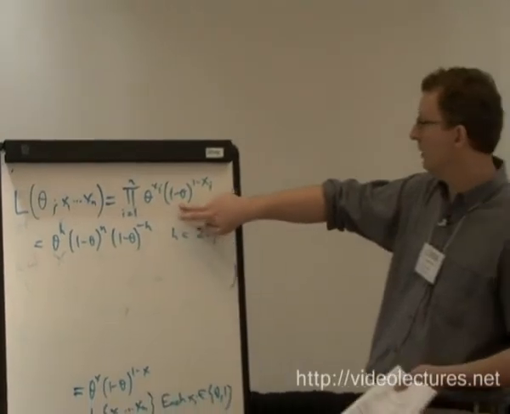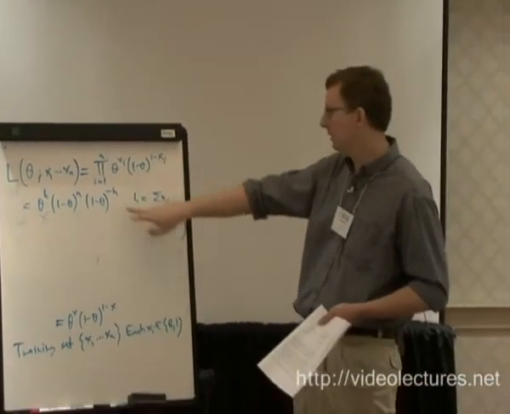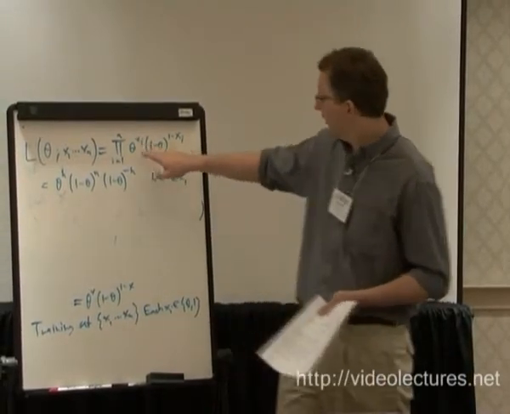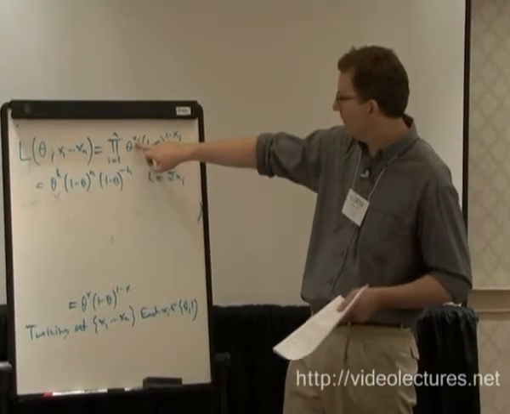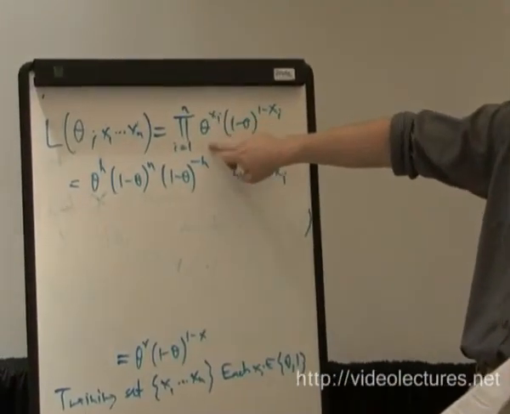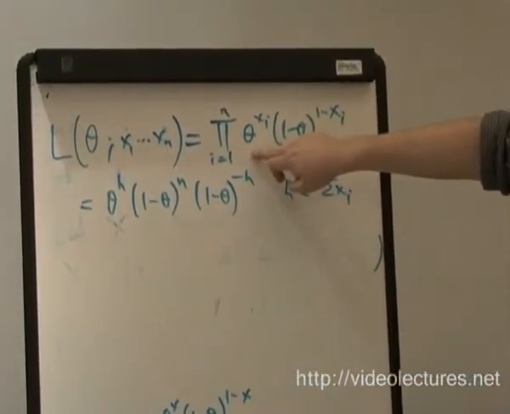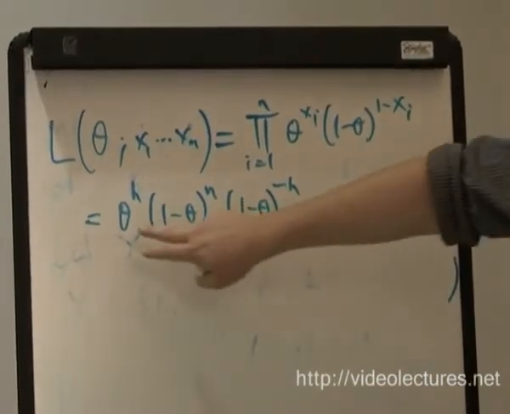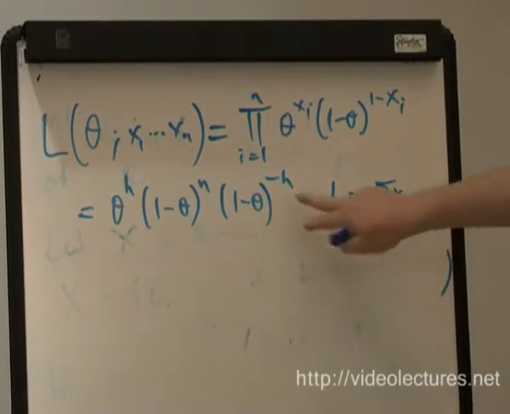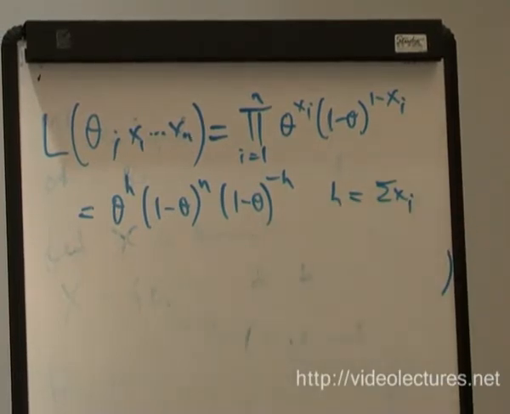So 1 minus theta to the power 1, n times, I get 1 minus theta to the power n. And here, these xi's, some of them equal 1, in which case I get a theta. Some of them equal 0, in which case I get just a 1 in the product. So what I end up with is theta to the power the sum of the xi's. And similarly here is 1 minus theta to the power minus the sum of the xi's.